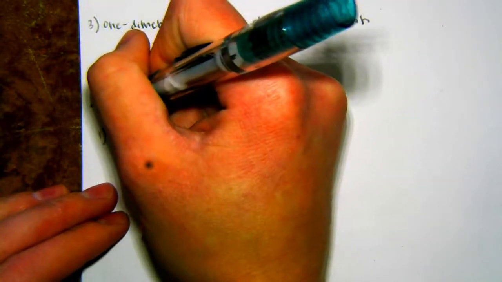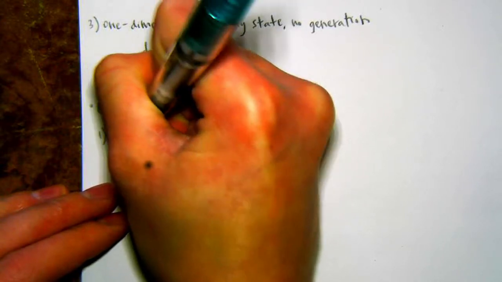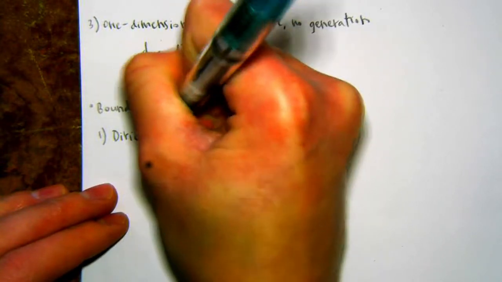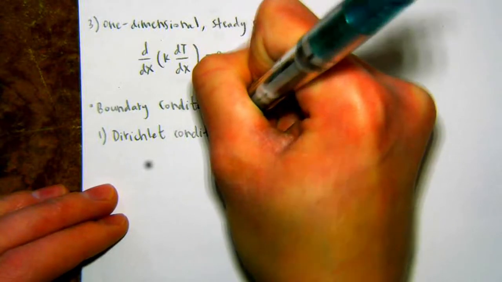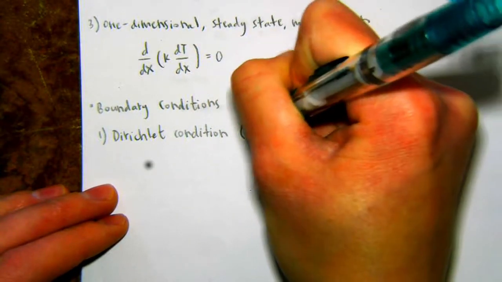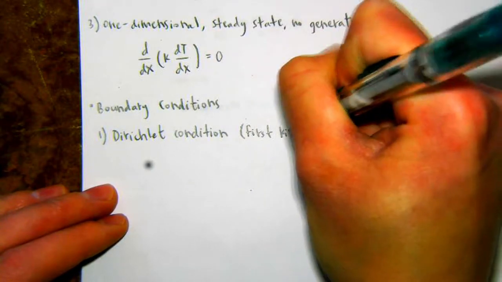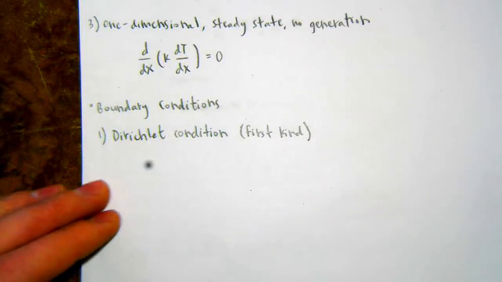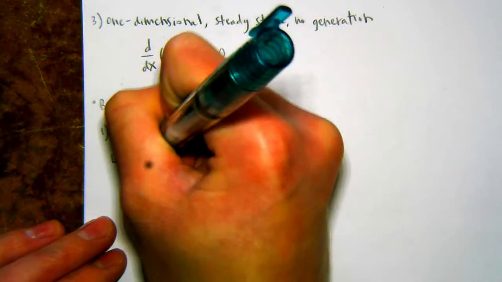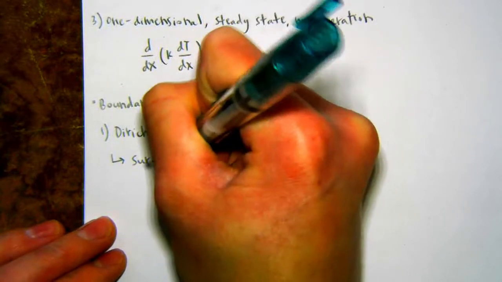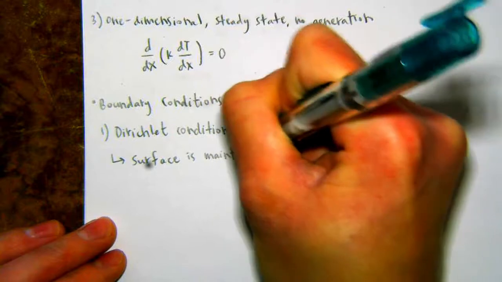The first one is called the Dirichlet condition, and that's also referred to as a boundary condition of the first kind. And for those, basically the surface is just maintained at a constant temperature. So pretty straightforward.